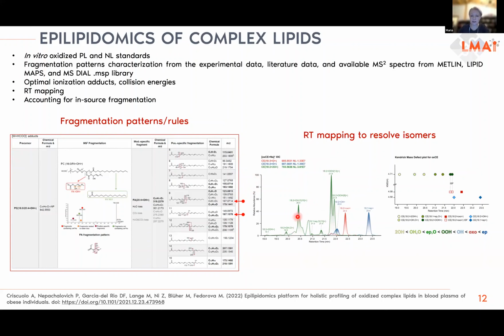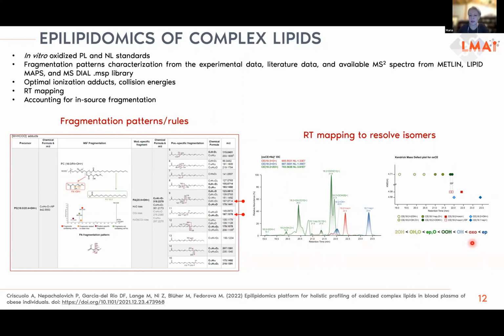So you see here the peak resolution profile for different oxidized cholesterol esters. In one color, you can see the isomeric species, for instance, double oxygen addition on this CE represented by multiple species. Using standards, and also standards of oxylipins, we could define the elution rules for those kinds of isomeric species, which are shown here.